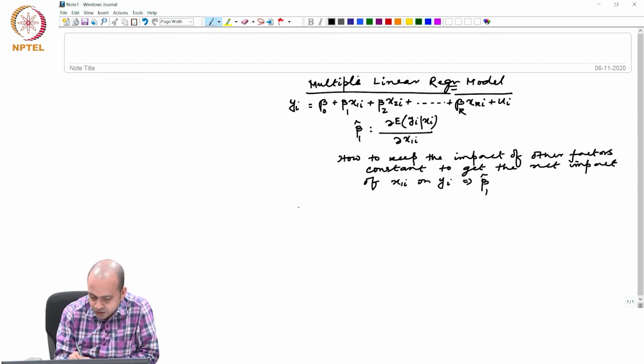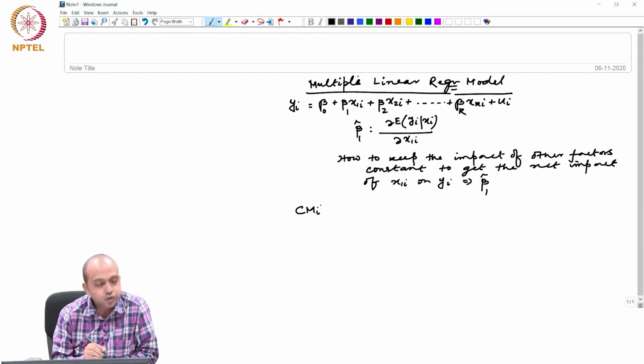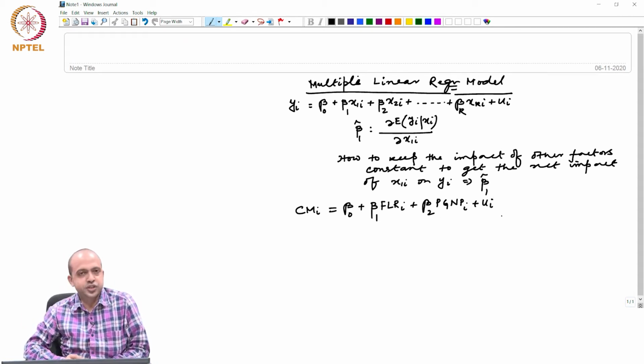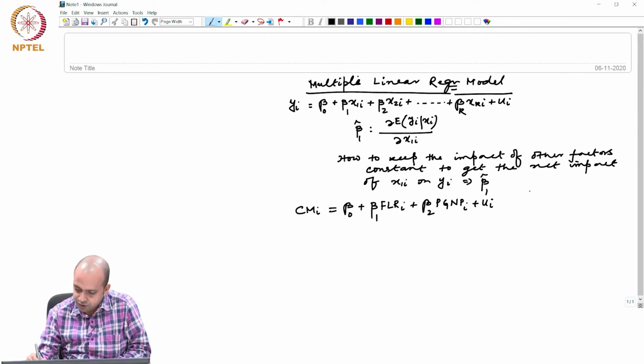We are taking this example where our dependent variable is child mortality rate equals some beta 0 plus beta 1 female literacy rate plus beta 2 per capita GNP, gross national product, plus u_i.